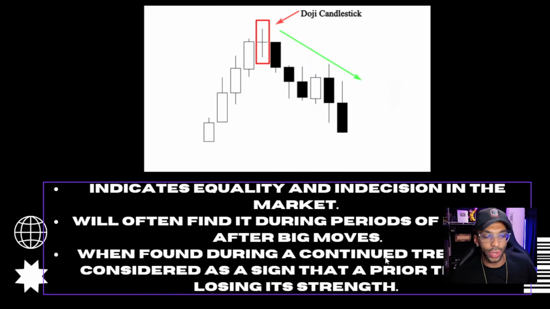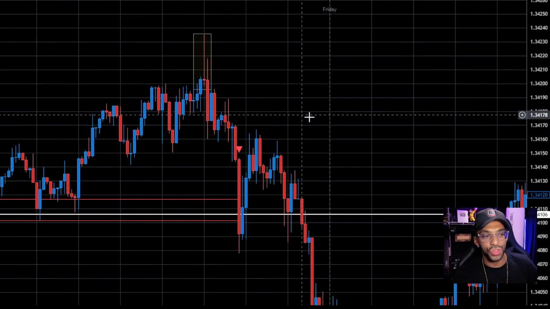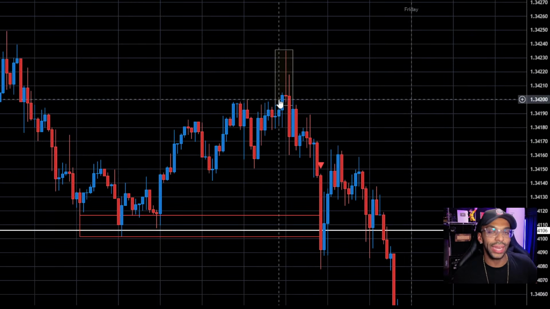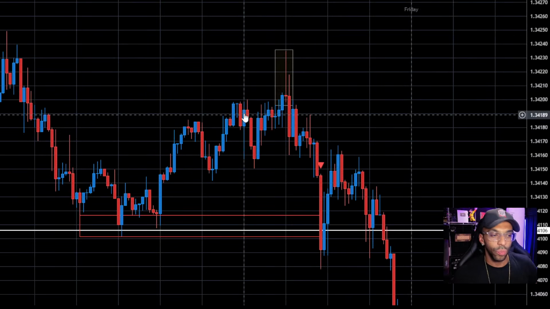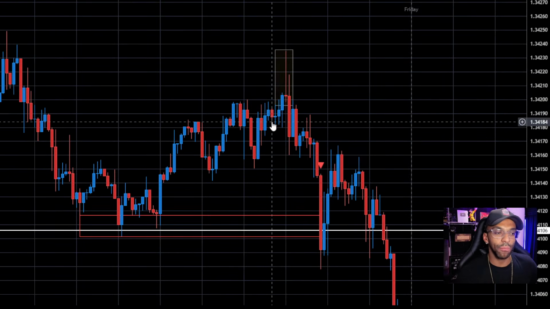When found during a continued trend, it is considered a sign that the prior trend is losing its strength. So exactly what we just finished talking about with candles and understanding the wicks. When you see multiple dojis in a trend continuation, what that is telling you, before the trend even ends, is that you might have multiple indications.